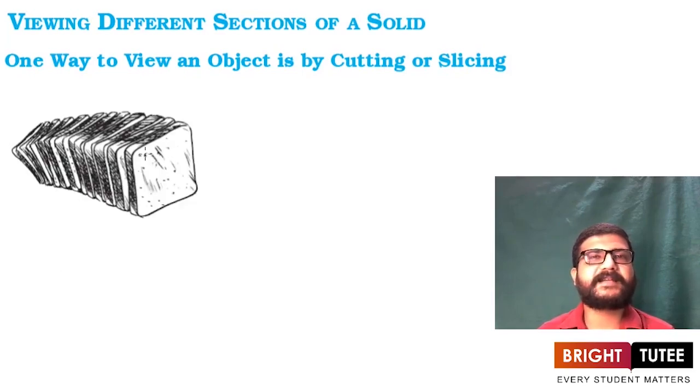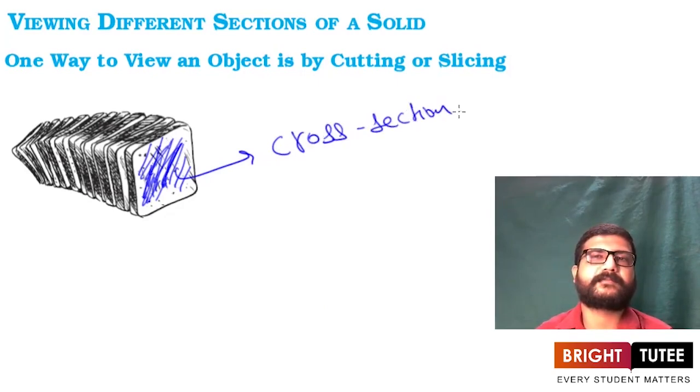For example, we are having a bread. Here these are the slices of bread. As we know, bread was in the shape of a cuboid, and what we did here, we made different slices of this bread. So here, as we can see, each face is a square. This face is known as the cross section of the cuboid.